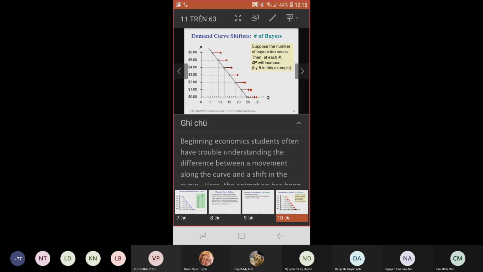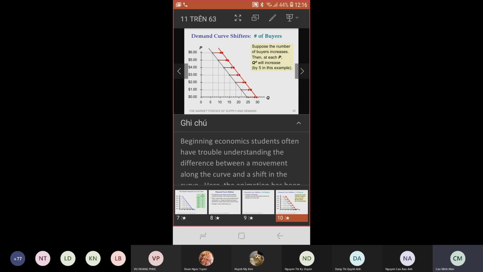This means when the number of buyers is higher, we see demand is higher, and the new point representing the new demand stands on the right hand side of the old point.